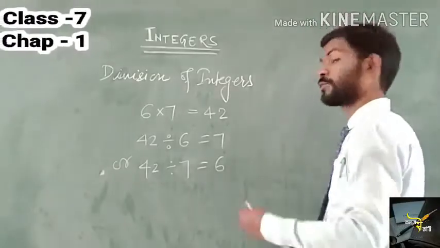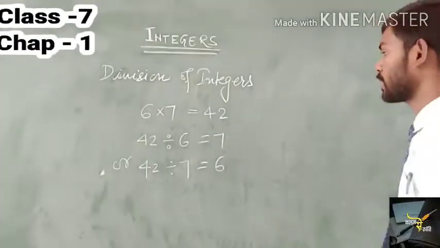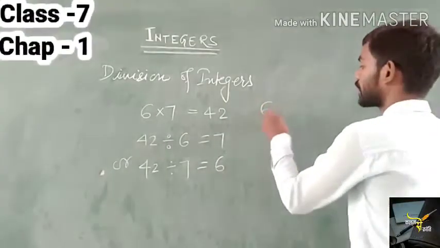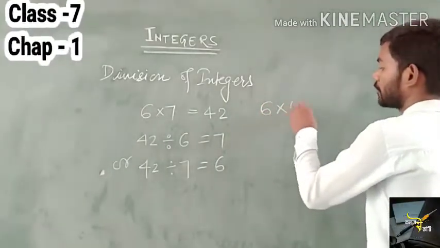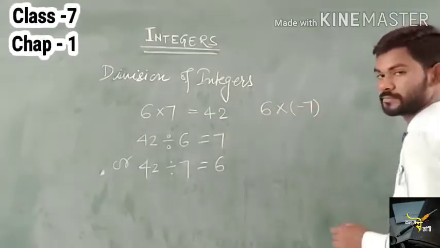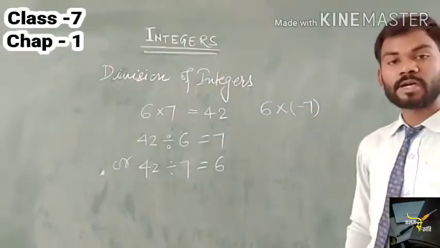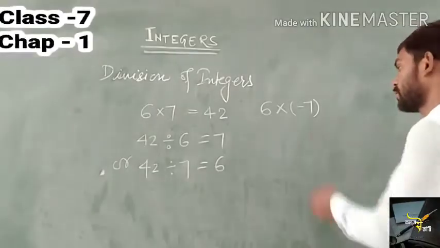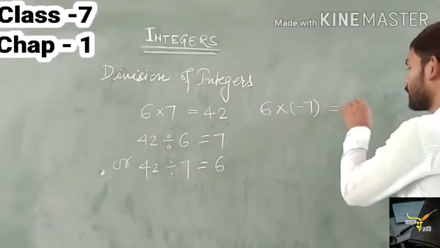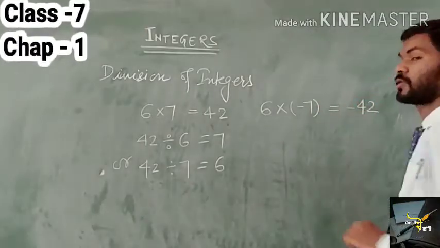So in the division of integer, we can see that when 6 is multiplied by minus 7, we get the product as minus 42.